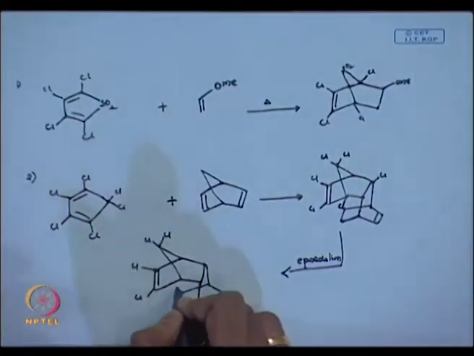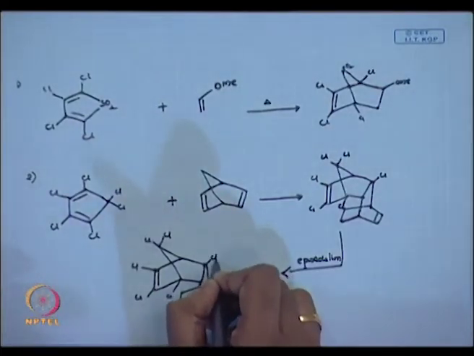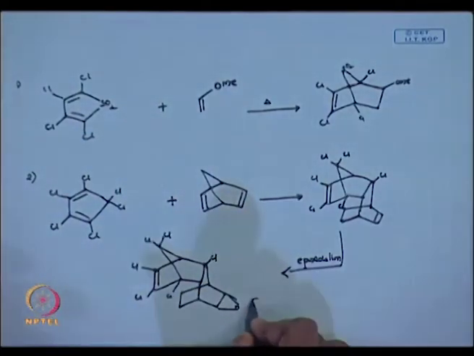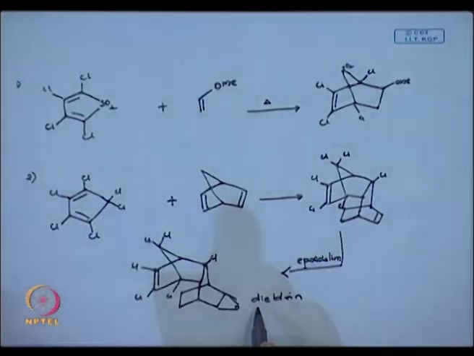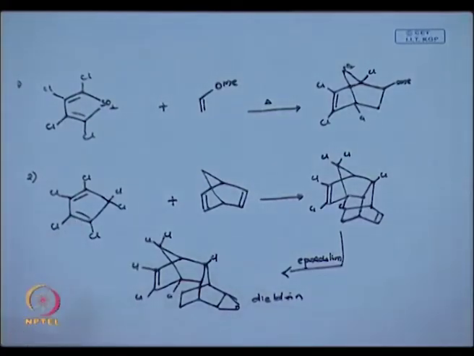So you get this product, and this is called dieldrin, which is a good pesticide. So using inverse electron demand chemistry, you can do this type of Diels-Alder reaction. Fine.